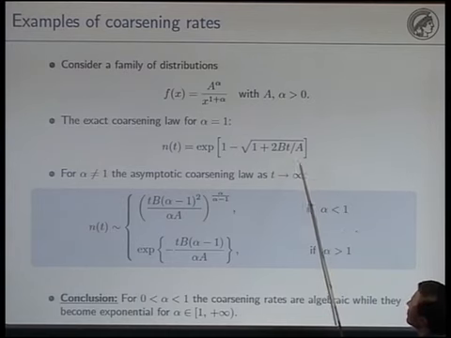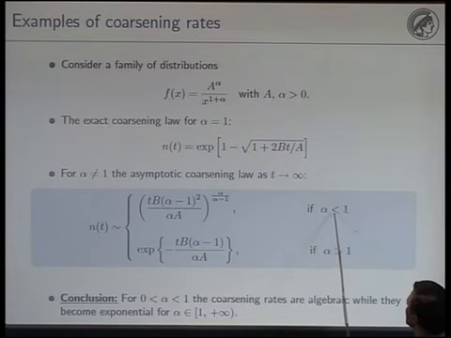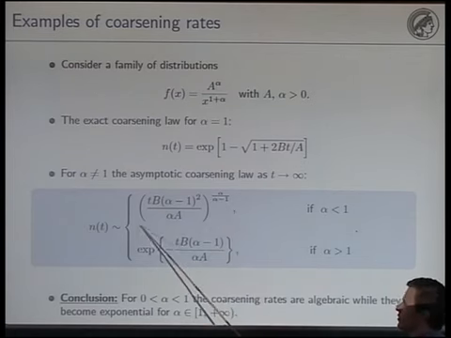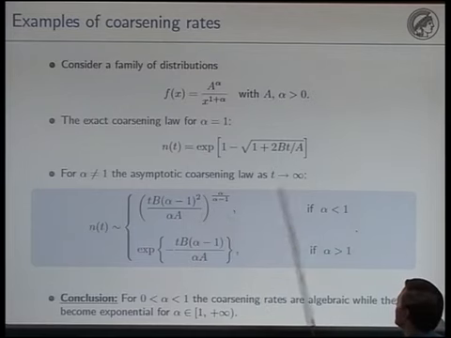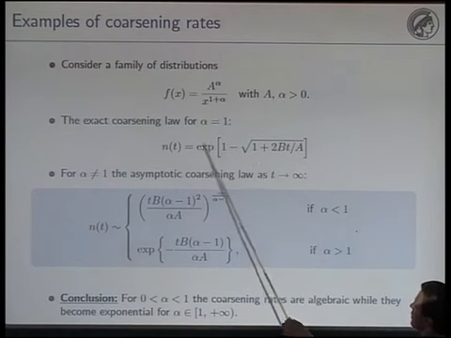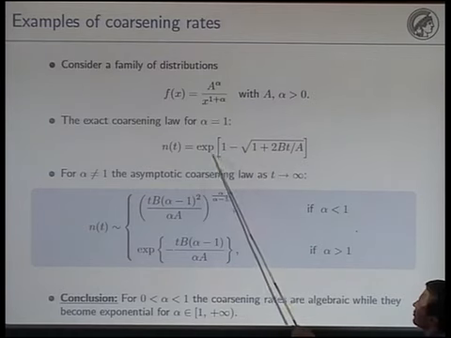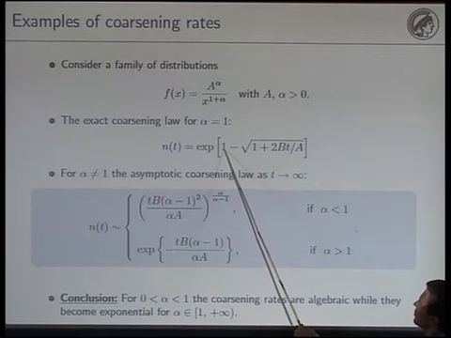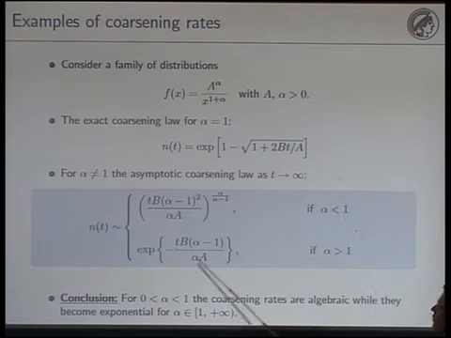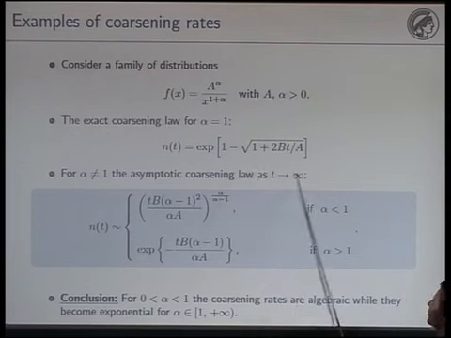What's interesting is that for alpha smaller than 1, I saw that the coarsening slope is algebraic, so there is an algebraic coarsening rate. And if you take alpha equal 1, you obtain an exact law, which is exponential decay in droplet number in time. And when alpha is bigger than 1, it still stays an exponential decay. So this is an asymptotical formula for large times, and for alpha equal 1 it is an exact formula for all times.